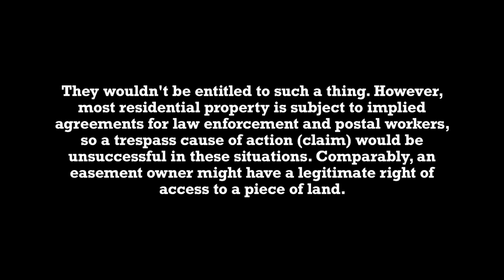They wouldn't be entitled to such a thing. However, most residential property is subject to implied agreements for law enforcement and postal workers, so a trespass cause of action or claim would be unsuccessful in these situations. Comparably, an easement owner might have a legitimate right of access to a piece of land.